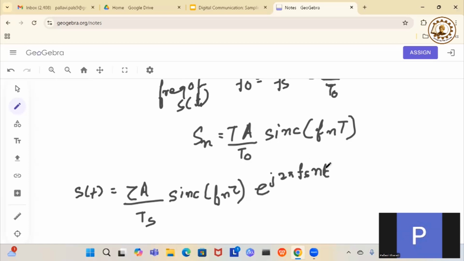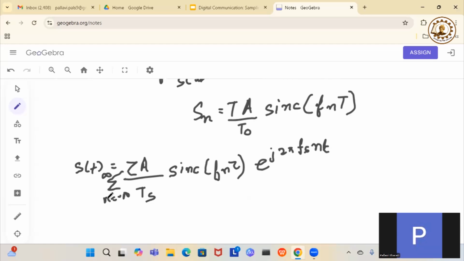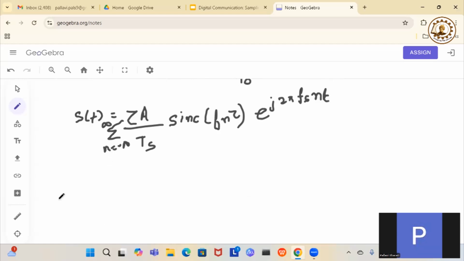Now this has to be given n equal to minus infinity to infinity. Now finally, when you are writing g(t), that is your sampled signal, what is going to happen? You are going to multiply x(t) into s(t), right?